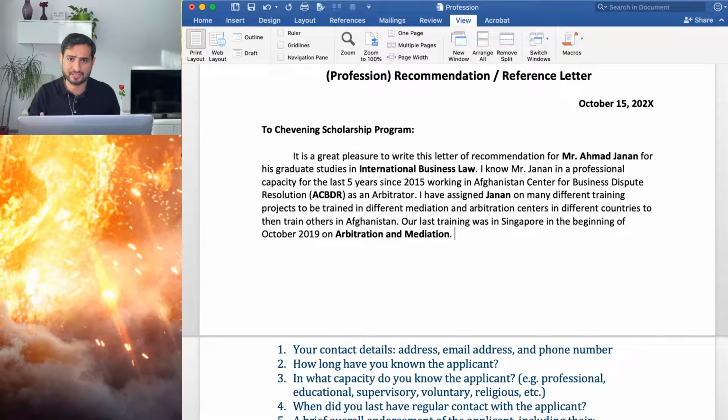And if you are watching as an applicant, you have to underline or highlight or pinpoint these key technical professional words that are related to your profession or your career or your major that you want to study, so that they are coherent or linked with one another, so that the reader understands, okay, this guy has been working in this field and he's applying to the same field, and this person is recommending him that he is good in this field. So these two words are important. That's why you see this repeatedly used a lot.